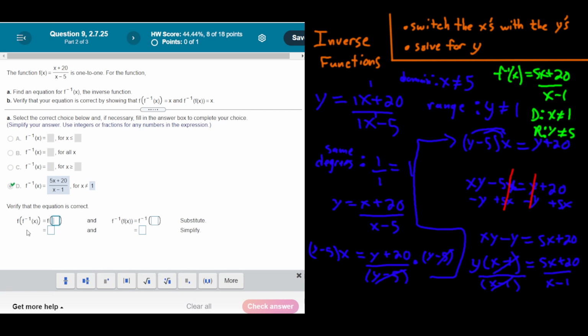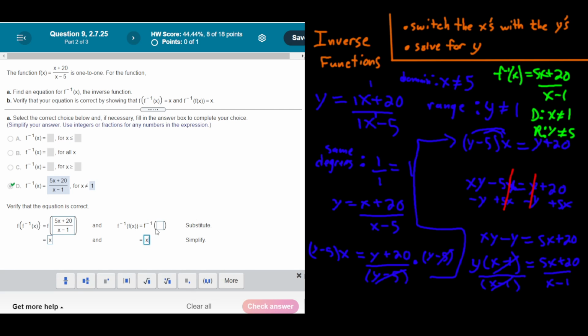Okay, so the inverse function is inside the parentheses. So what is the inverse function? It's what we just got a little while ago: 5x plus 20 over x minus 1. And when you plug an inverse inside the original, you should get an x. Let's go ahead and put an x here. We know it's going to be an x.